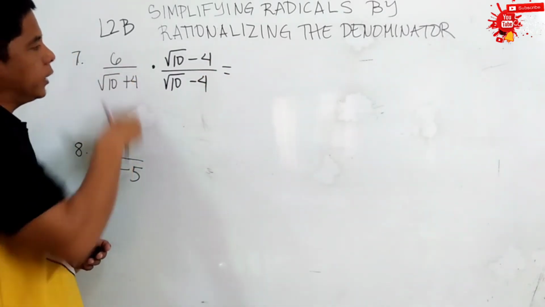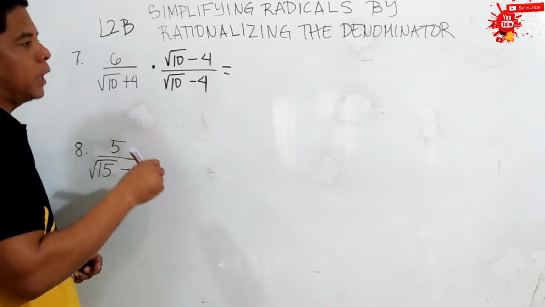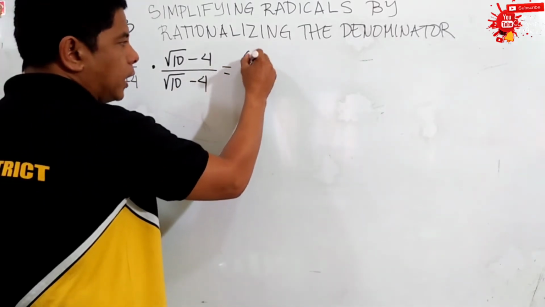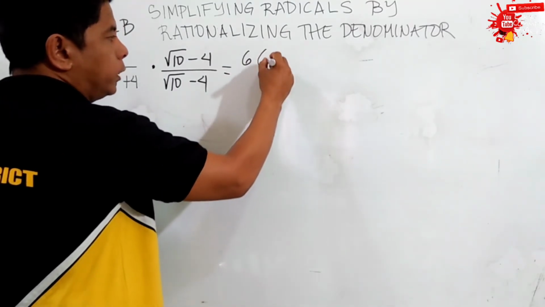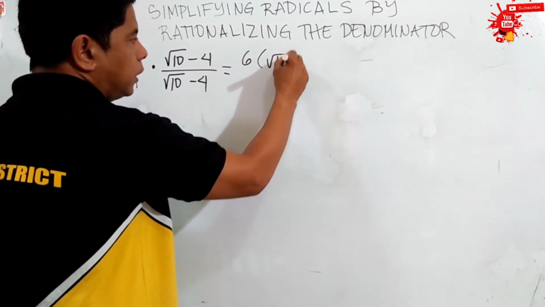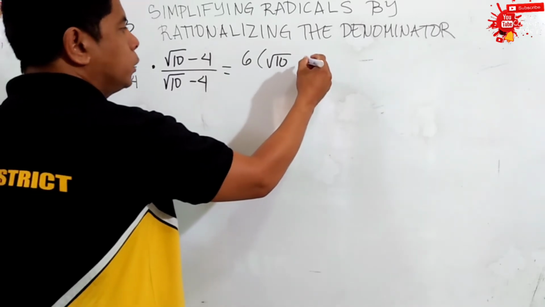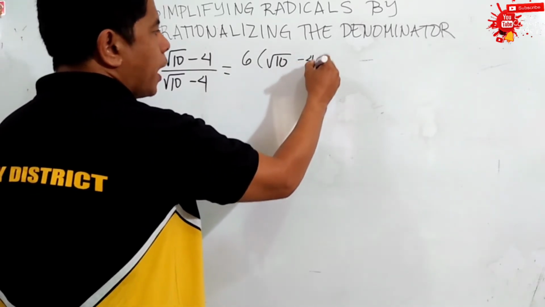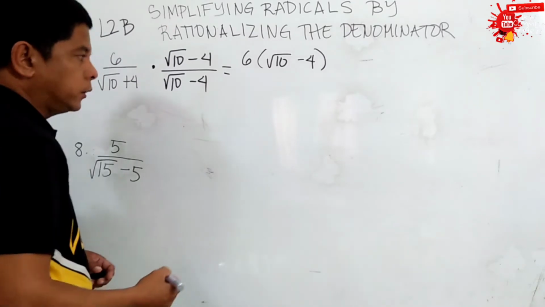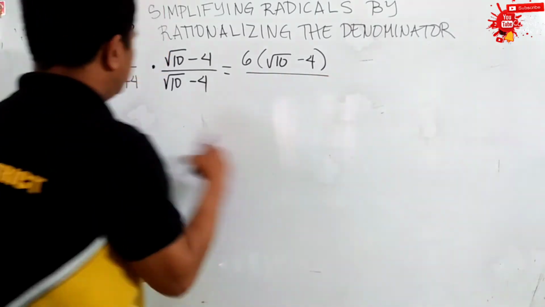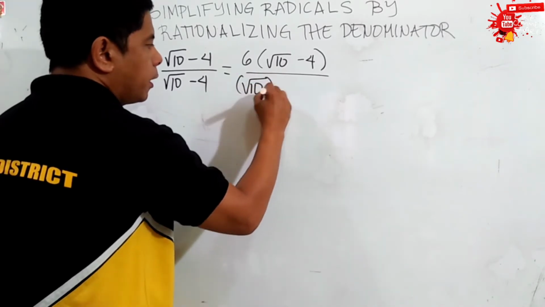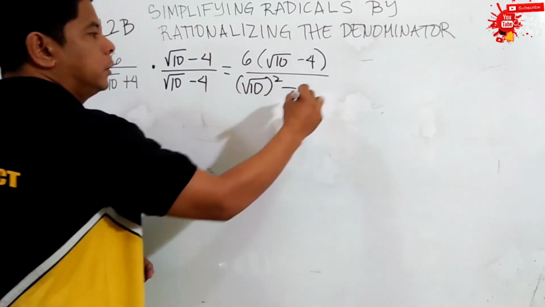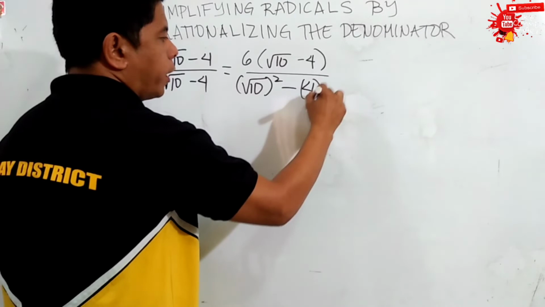We have 6 times square root of 10 minus 4. Ilagay na lang natin yan. Huwag na natin i-distribute kasi isi-simplify pa uli natin yan. So, that is 6 times the quantity of square root of 10 minus 4 over the square root of 10 squared minus the square root of 4 squared.